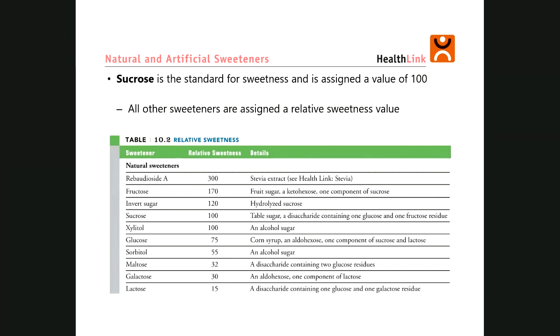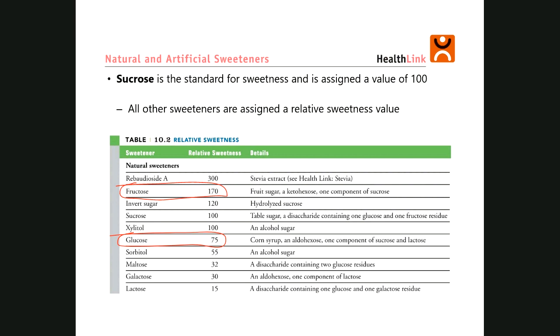All right. So if you go up the list, invert sugar is actually hydrolyzed sucrose. If you continue up the list, you'll notice that fructose is sweeter than sugar, but glucose is less sweet. Remember, sucrose is glucose and fructose combined.